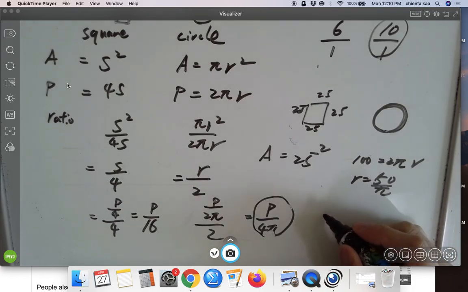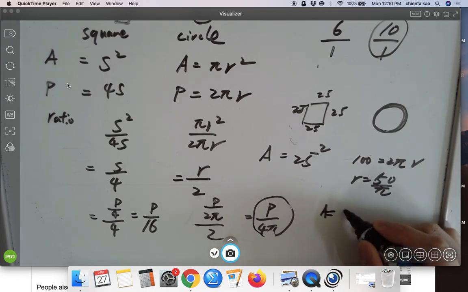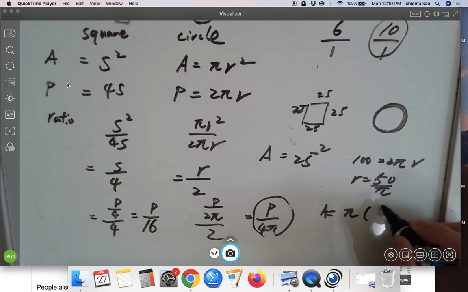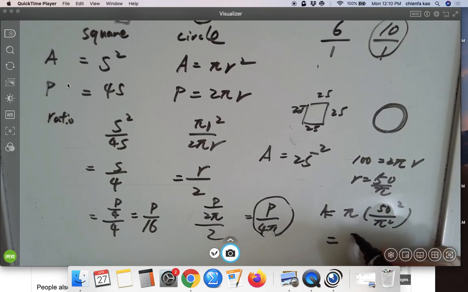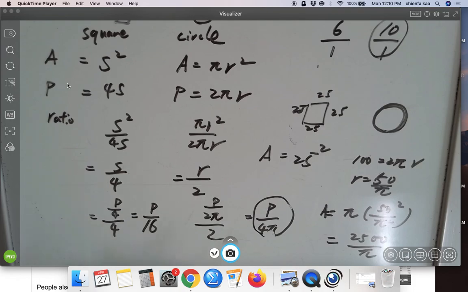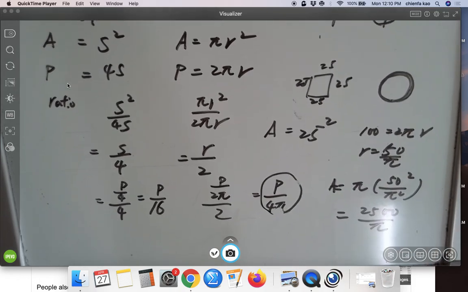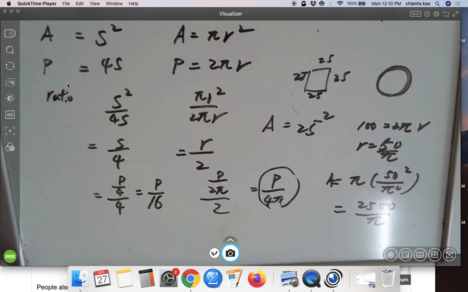So let's see. Area equals pi times 50 squared over pi squared. So the answer is going to be 2500 divided by pi. Now, ultimately, you have to plug it into the calculator and then see which one is bigger. I'll do that for you.